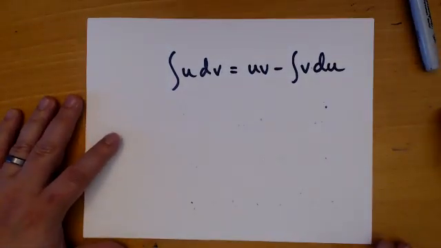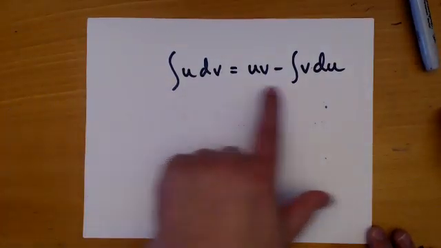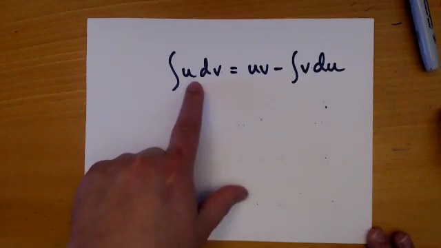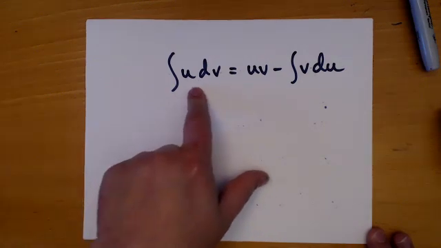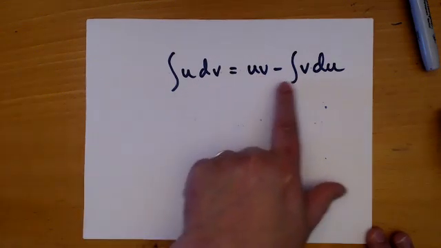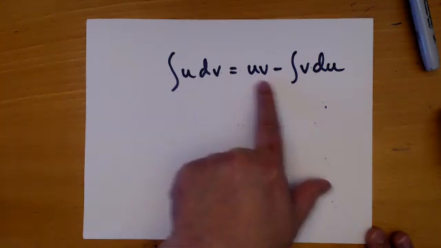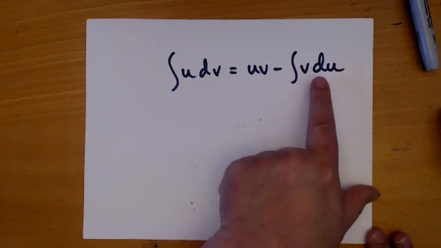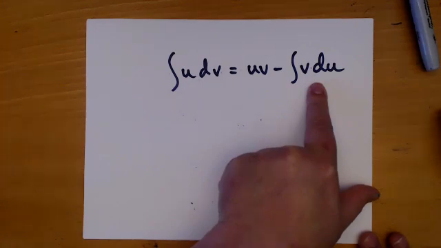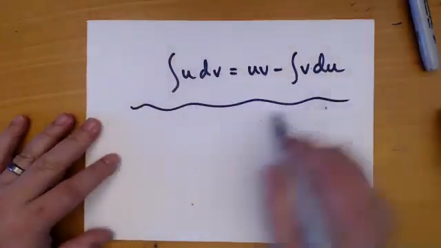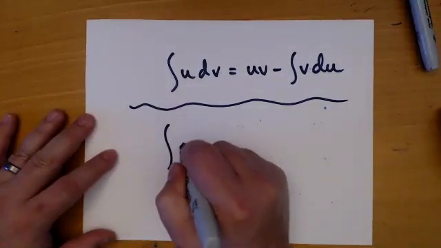Okay, now the deal here is I take an integral that I can't normally deal with, and I can break it up into something that's not in an integral and something that I can maybe integrate itself. So here's the way it works. Let's take a simple example, the one I had before.